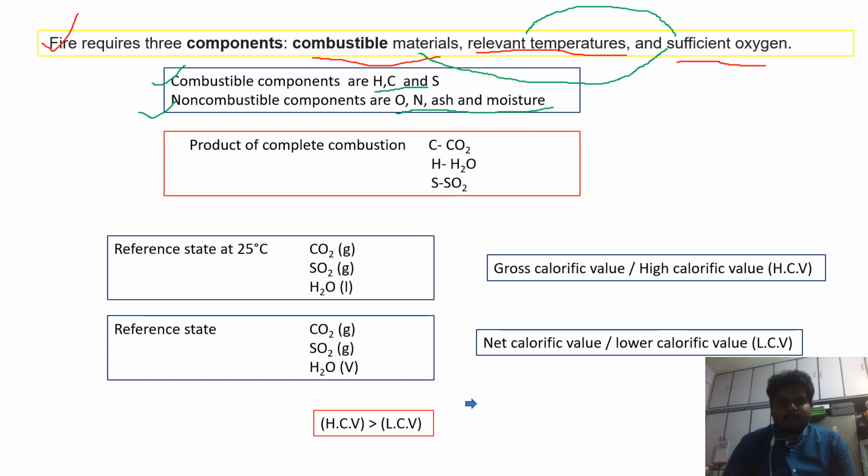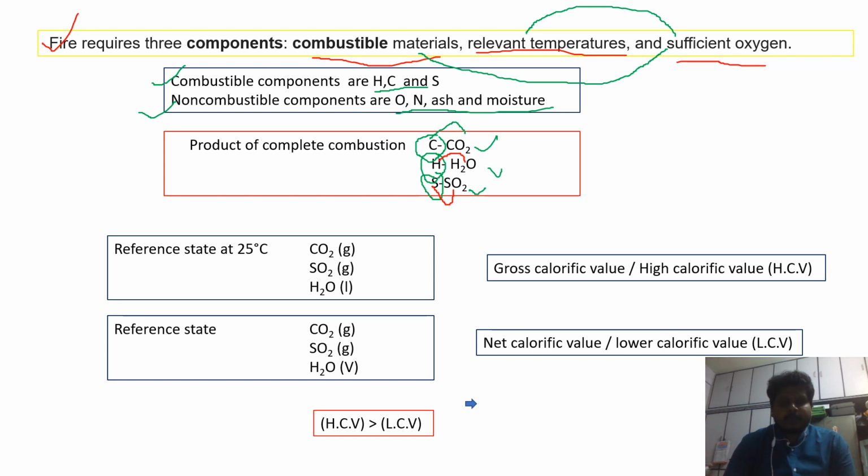Now let us see, after complete combustion of the combustible components, carbon, hydrogen and sulfur, they convert into CO2, H2O and SO2. Carbon reacts with oxygen to give CO2, hydrogen reacts with oxygen to give H2O, and sulfur reacts with oxygen to give SO2.